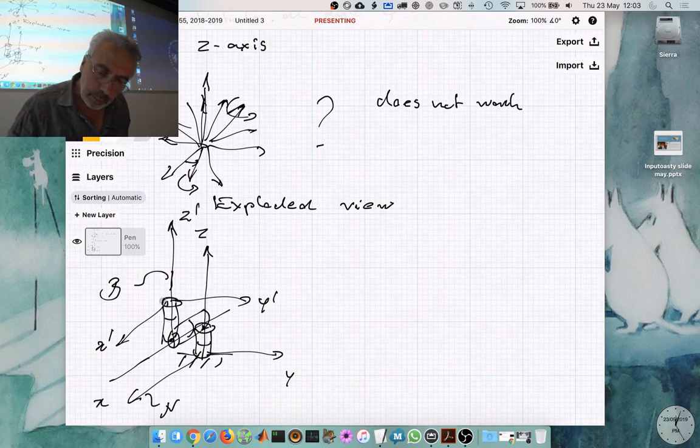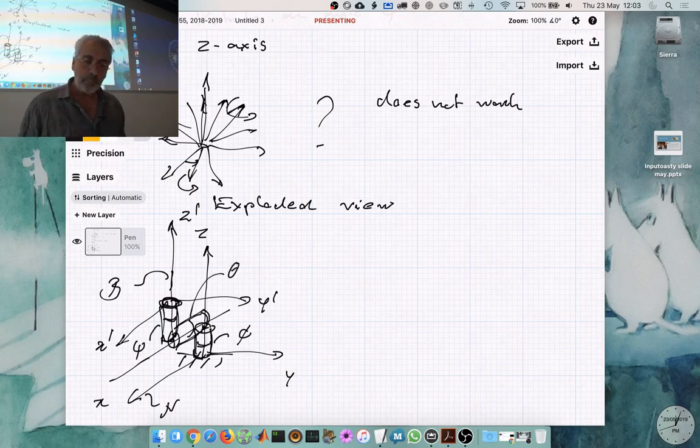And if we then do it a little bit nicer with hidden lines and so on, and we put symbols to it, then the first rotation was a phi, the second rotation was a theta, and the third rotation was this psi. And now we have a clear view of what happens.